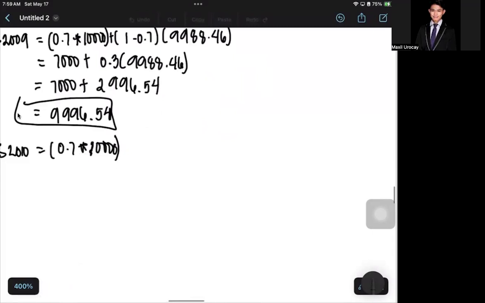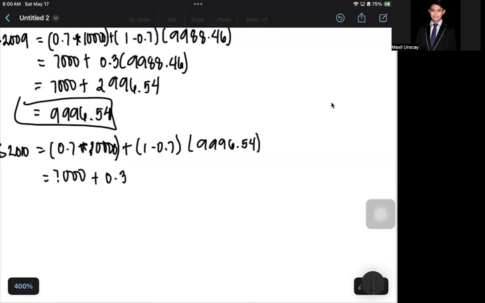So 1 minus 0.7 and then 9,996.54, and then 7,000 plus 0.3 times 9,996.54.